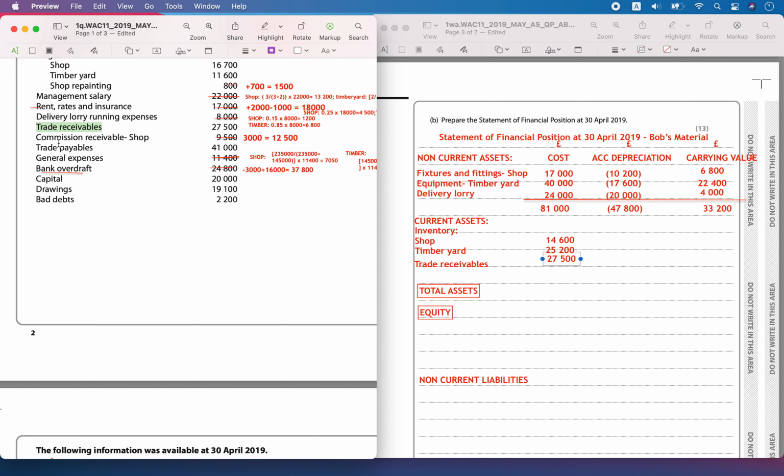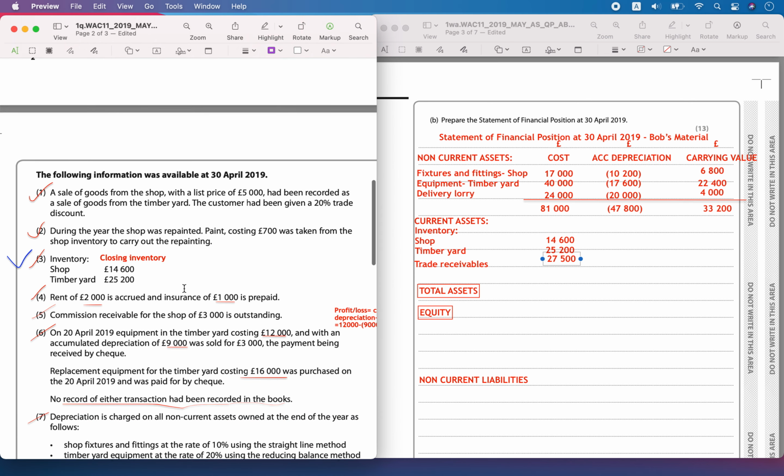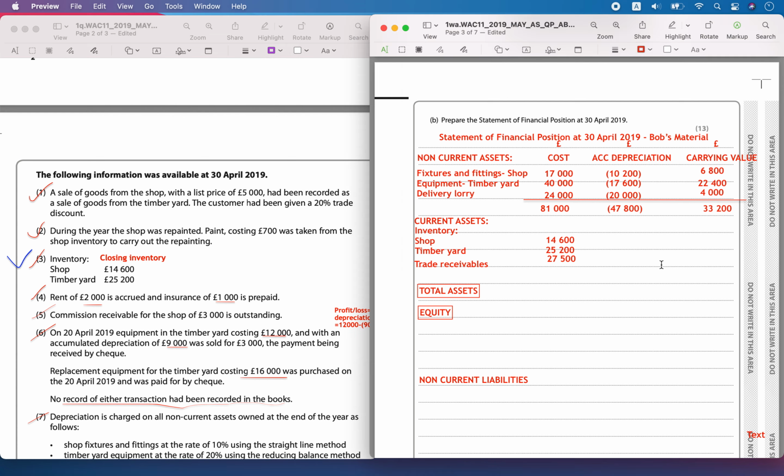Then you have the other receivables. What are the other receivables we have?